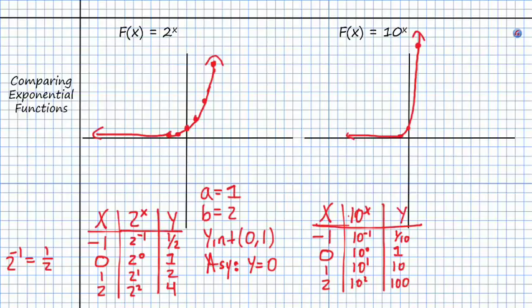Then over here we have A is equal to, again, 1, B is equal to 10, our y-intercept is at 0, 1, and then our asymptote is at y equals 0. So these functions really are not all that different, and what we'll see is that these are two of the more similar functions that you can have. The main difference is their growth rate.